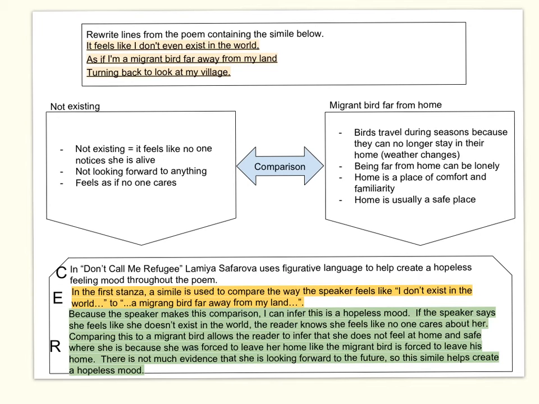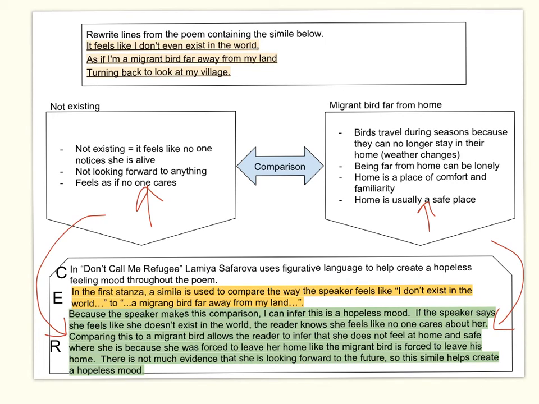There is not much evidence that she is looking forward to the future, so this simile helps create a hopeless mood. You can see how I've put together the information or my background knowledge from the graphic organizer here into my reasoning down here.